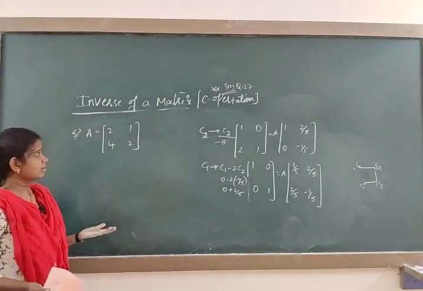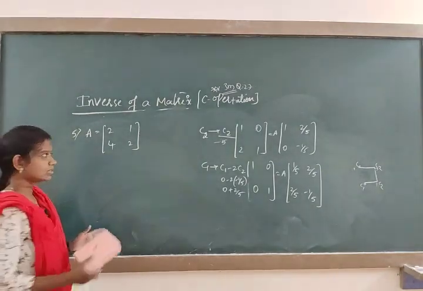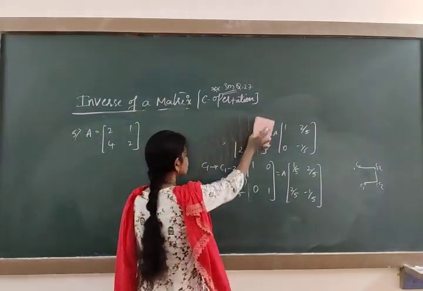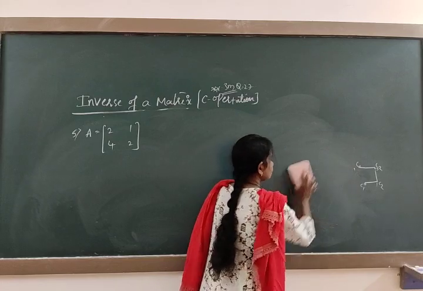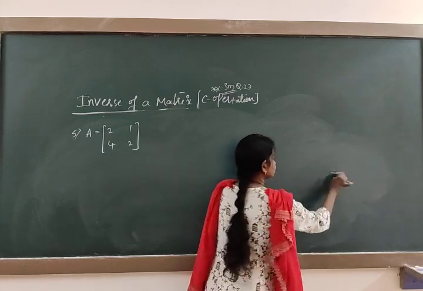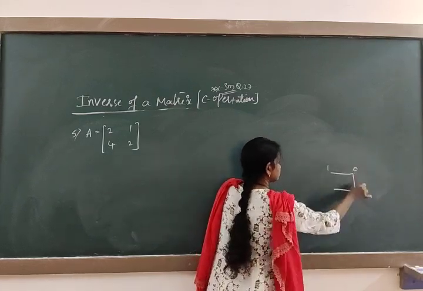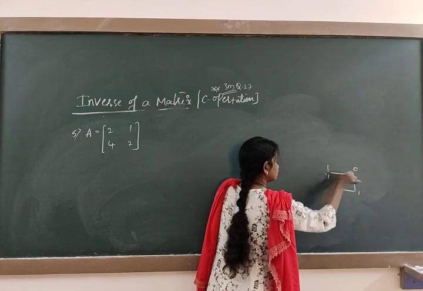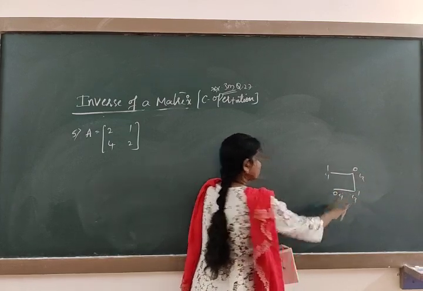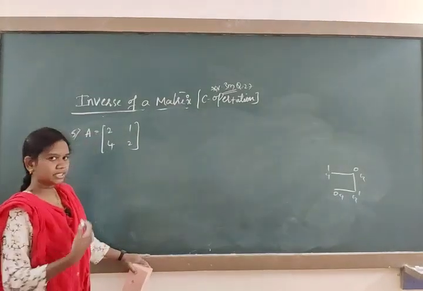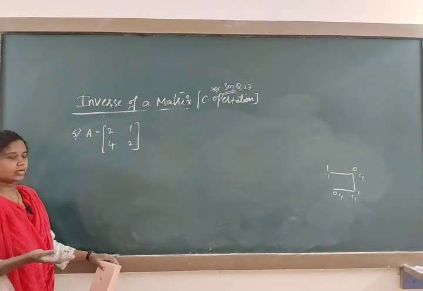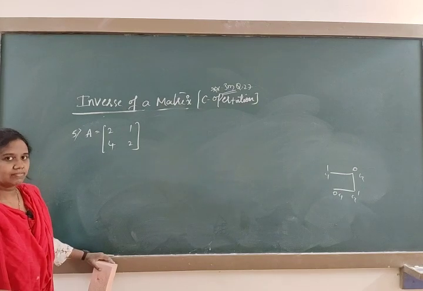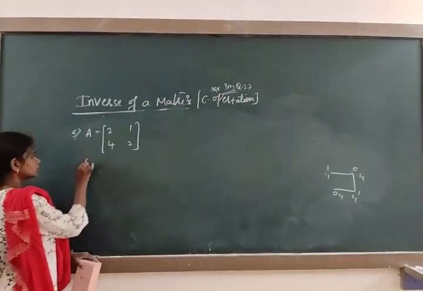As a hint, I think the inverse will not exist for this; afterwards I will give the hint. First we will check whether the inverse exists or not. If it does not exist, I will give the hint. How do we recognize for a given matrix whether the inverse exists or not? Solution.